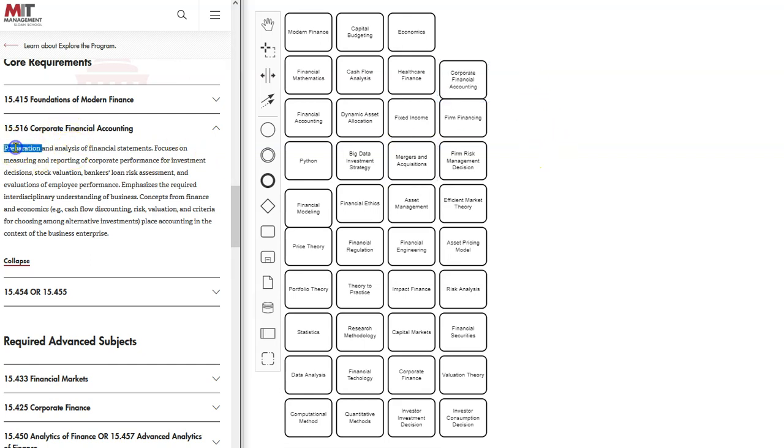All right, preparation and analysis of financial statements. Financial statement. Measuring and reporting of corporate performance for investment decisions, stock valuation, banker's loan, risk assessment, and evaluations of employee performance.